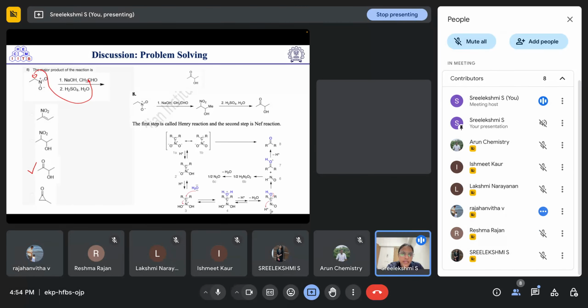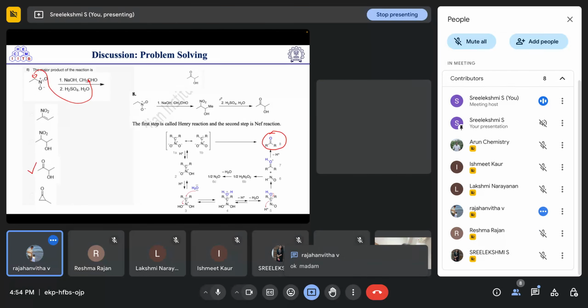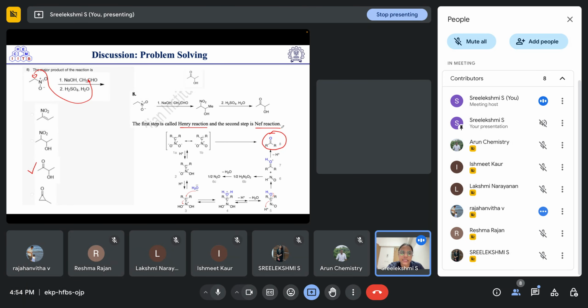Then proton transfer will take place to get this intermediate, and the nitro will be a good leaving group and will leave, and we get the ketone as the major product in the presence of acid. So, the Henry reaction and the Nef reaction, two reactions.